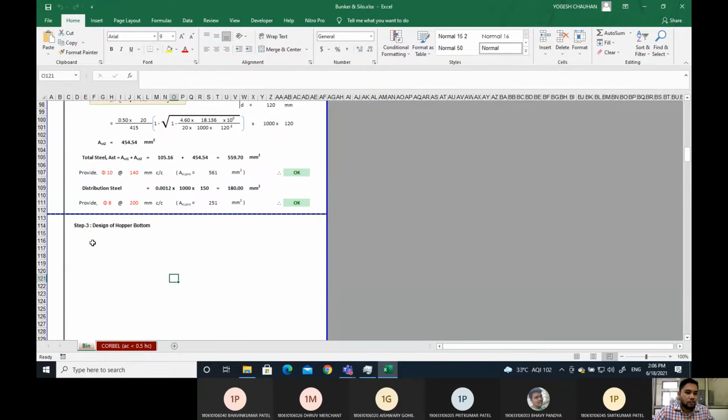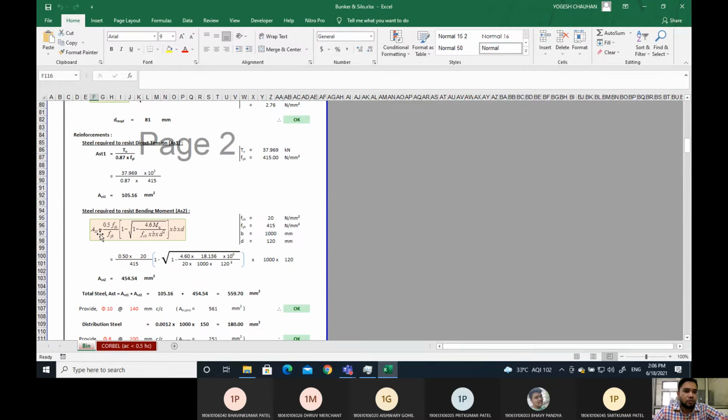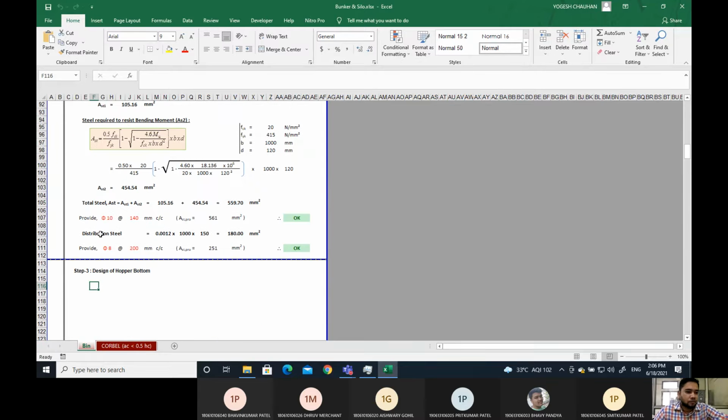Okay, so now I will design the hopper bottom. For hopper bottom, it is designed for the weight of the material and the self weight of the hopper itself.